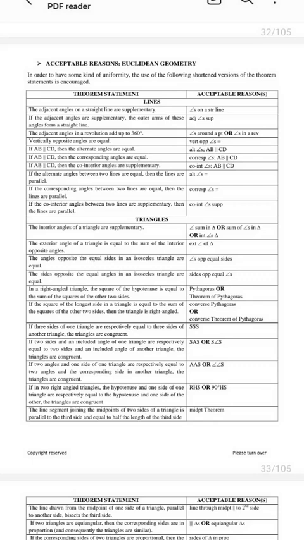Then the fourth statement we are going to look at when we are looking at triangles is the sides opposite the equal angles in an isosceles triangle are equal.